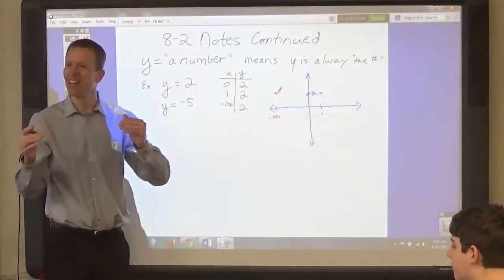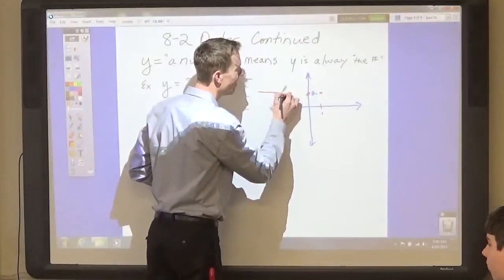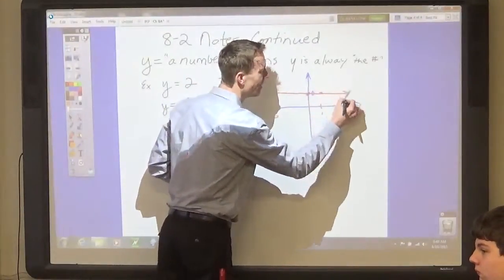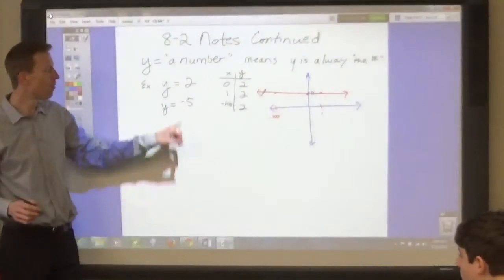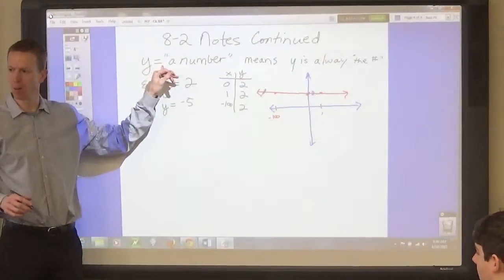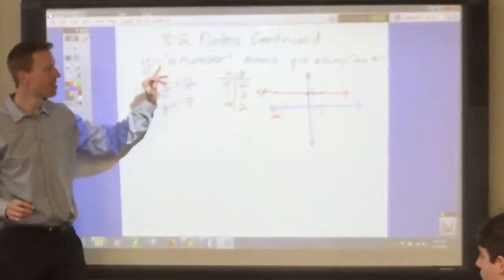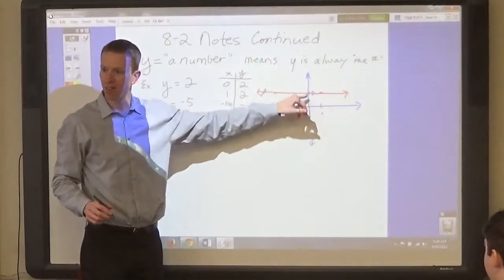Straight line. Horizontal. Very good. What it gives us is a horizontal line. Whenever you see this equation, y equals a number, it means that it's a horizontal line at that number.